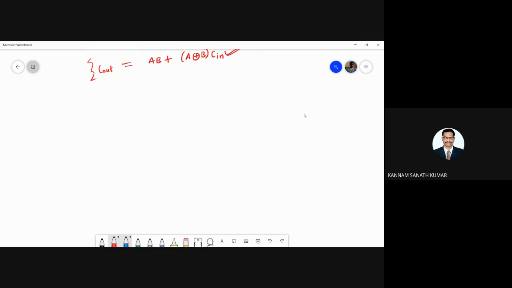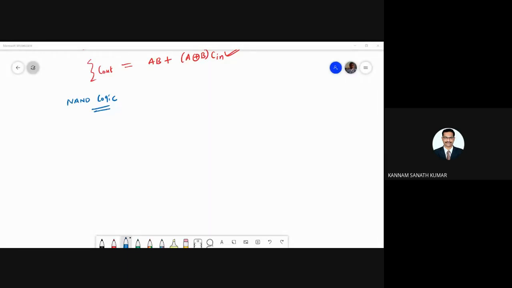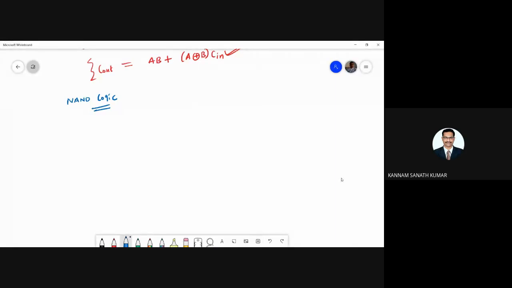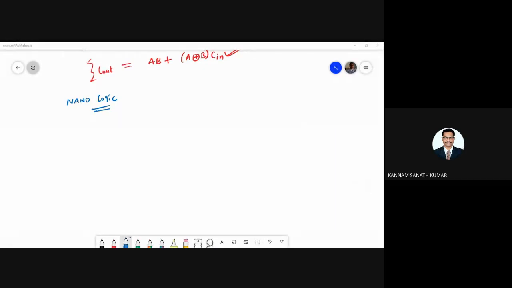Next, if you want to realize the output expression by using the NAND logic, the universal gates, is it okay? Any doubts in this, students? Give response.